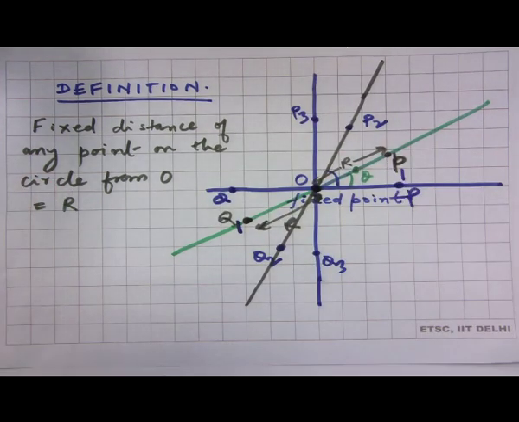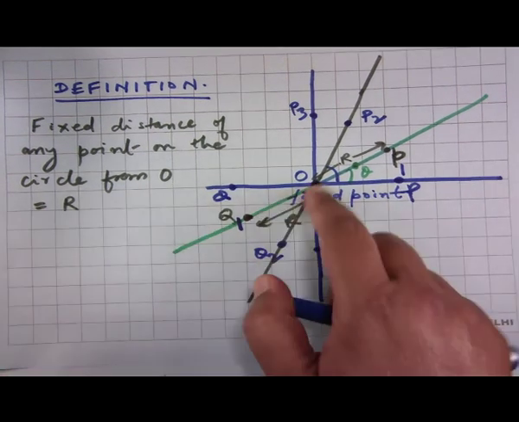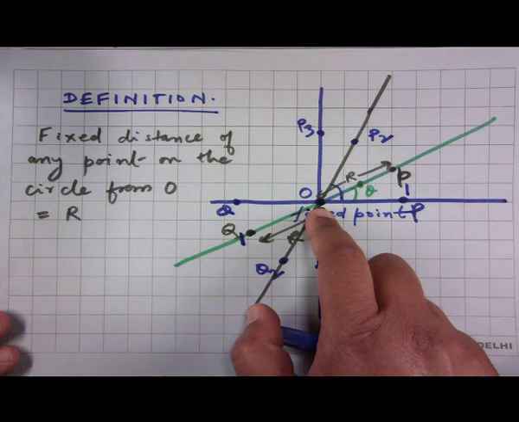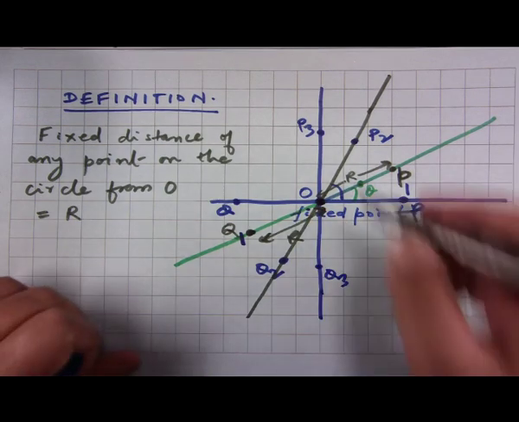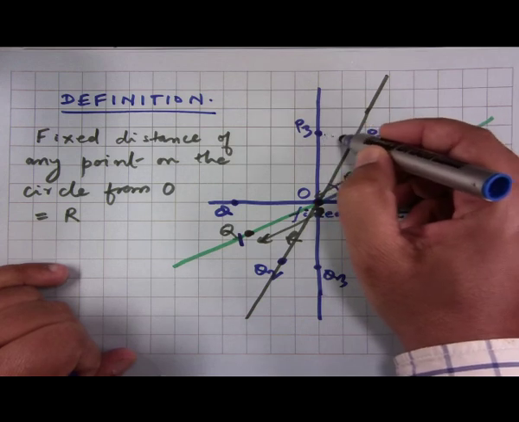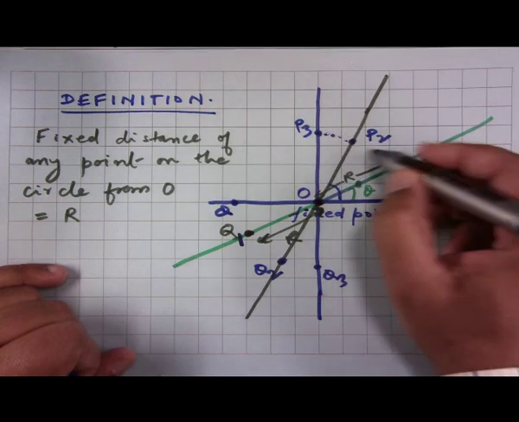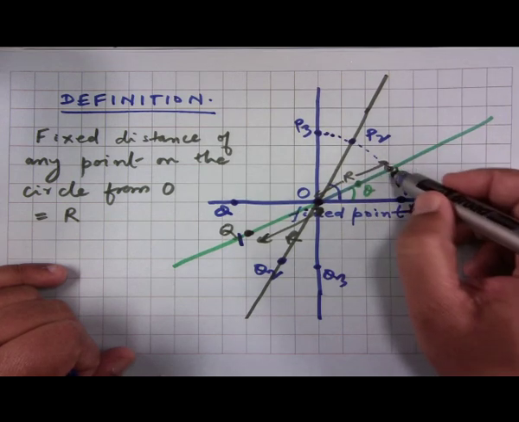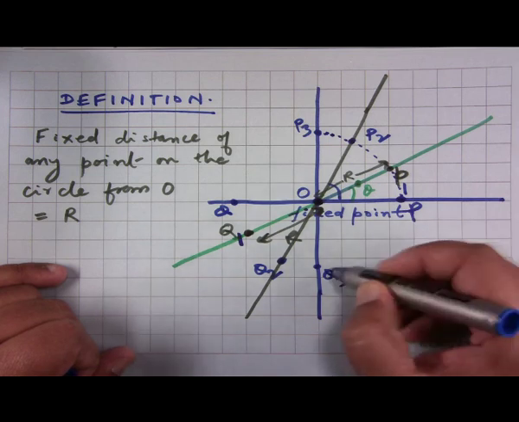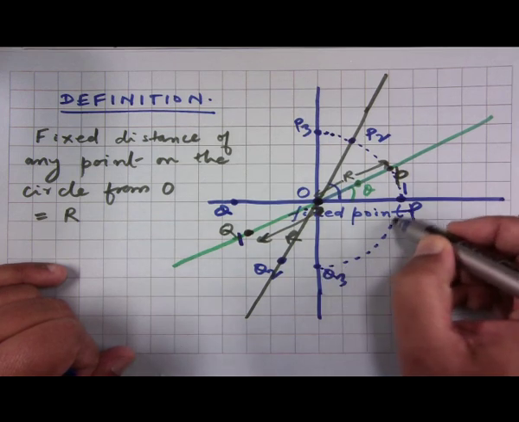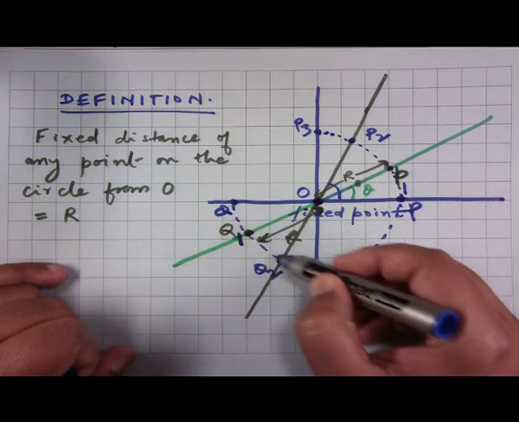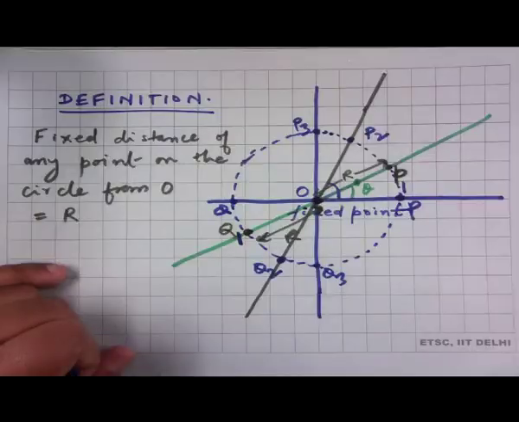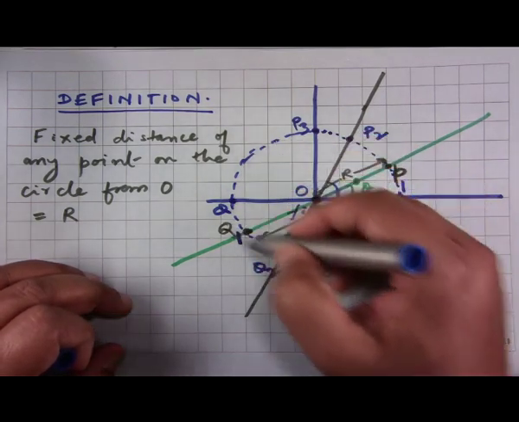So, since there are infinitely many angles between 0 and 360, what it means is that we have infinitely many points which are at the same distance R from this fixed point O. And now, if I join all these infinitely many points, which I am showing with this dotted blue line over here, so now let us say these are those infinitely many points, right.